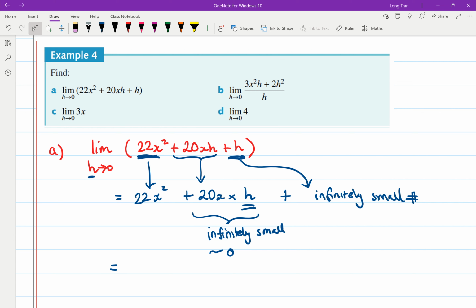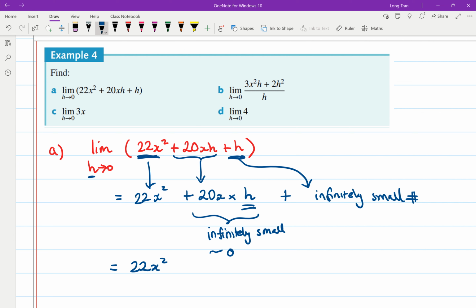But what's the overall answer? 22x squared. Because 22x squared plus infinitely small plus another infinitely small, we can estimate that overall it should be quite close to 22x squared, especially if you can imagine that this continually gets smaller and smaller and smaller. Then what's the overall value? We can then say it's about 22x squared.